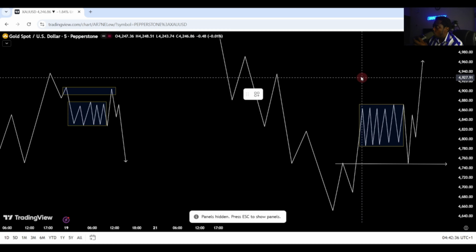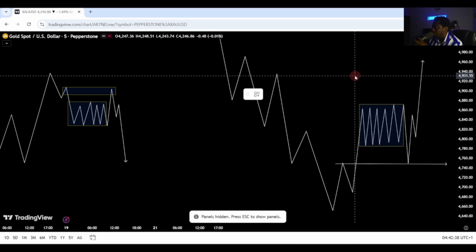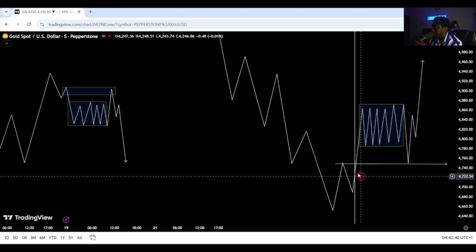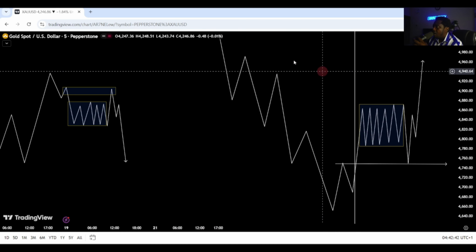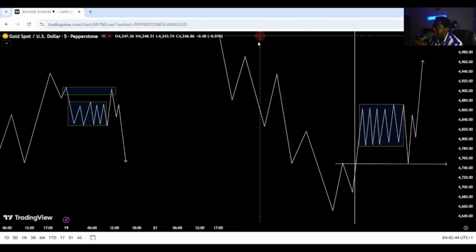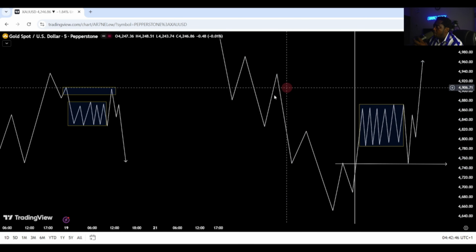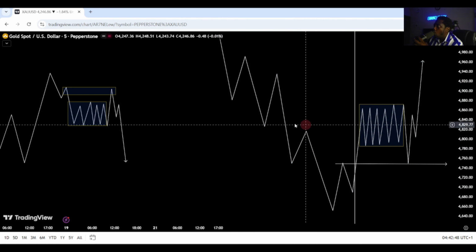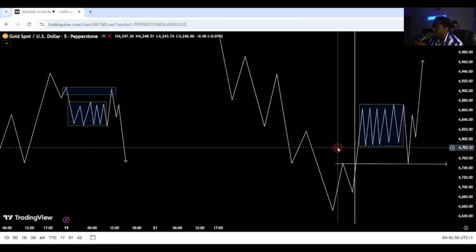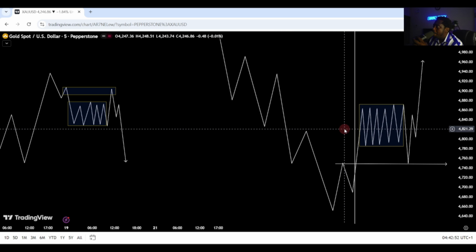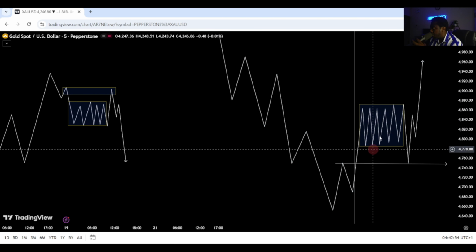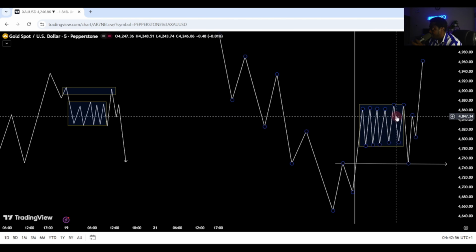It starts from 12 a.m. Let's assume this is the beginning of a new day, 12 a.m. Everything here was yesterday's activity. Your business here is over, though sometimes you have to look here for other confluence, but your main focus is what is happening here, which is the Asian range.